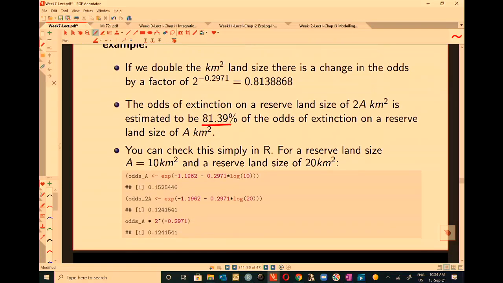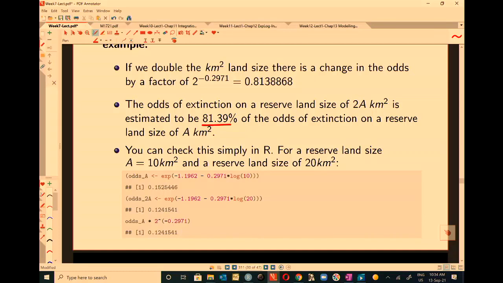And these are calculations to show that's exactly the case. There are various ways of reporting this. You can say that if I double the land mass, then the odds of extinction are reduced to 81%, or you can say it goes down by 19%, or it is 80% of what it was before. Those kinds of words are fine, as long as it's clear what you're saying.